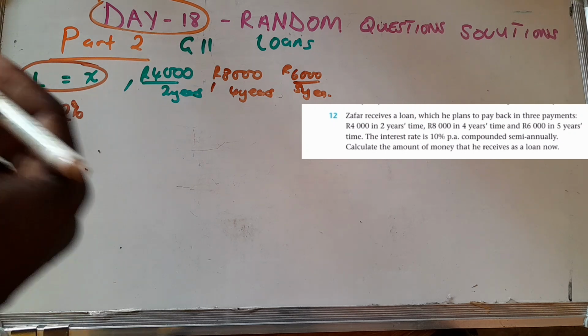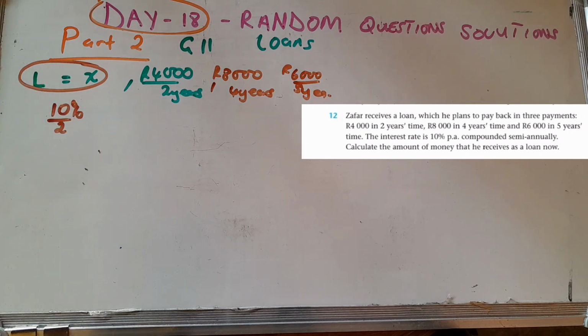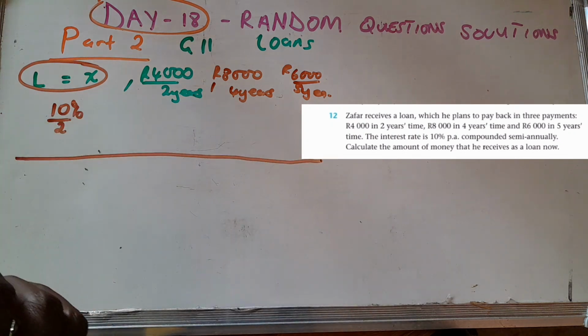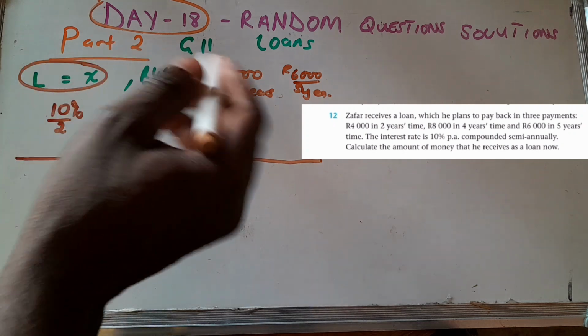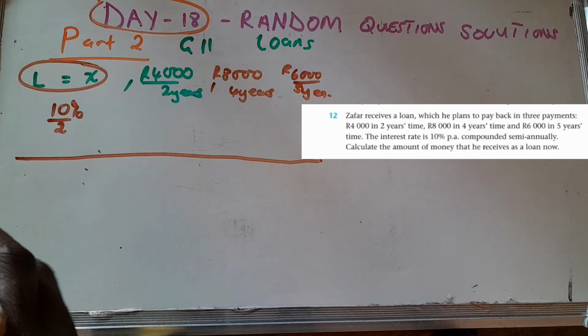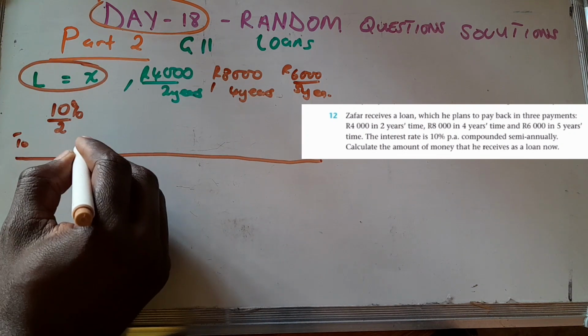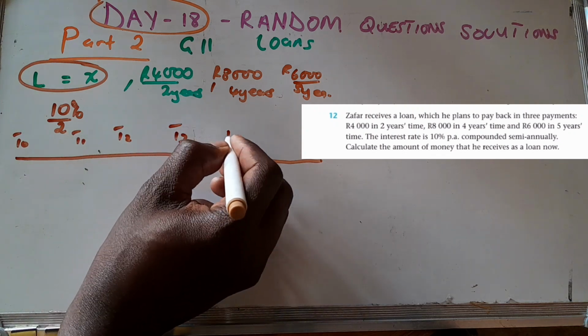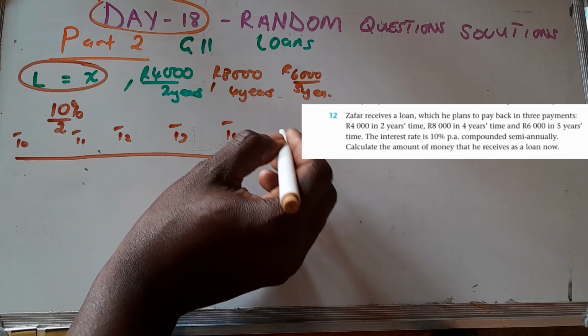But if you're taking this money from the perspective of the person who took the loan, Zafar now, it means that we are going to have something like this. So this loan was paid in full in 5 years. So we're going to have T0, T1, T2, T3, T4, and lastly T5.